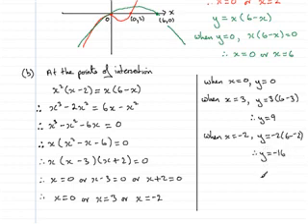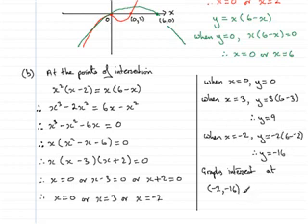Well, they're my answers where the graphs intersect, but I could just summarize by saying the graphs intersect at, and we'll just list those coordinates off. I'll go from left to right. So this point here is at minus 2, minus 16, the answer I got down here.